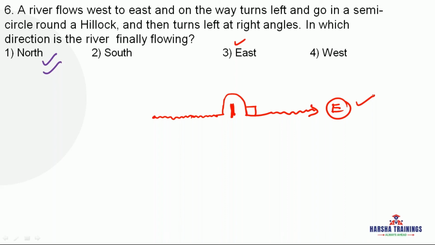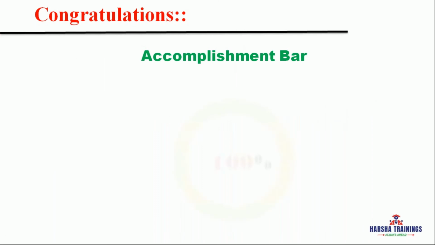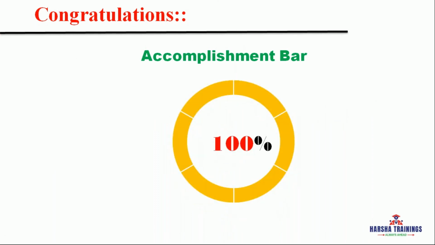Is it clear, guys, all of you? Any doubts regarding this question? Online students? No doubts? Okay. So total 100% is completed. All models completed. So total how many models in directions? 6 models. Any doubts regarding these 6 models, guys?